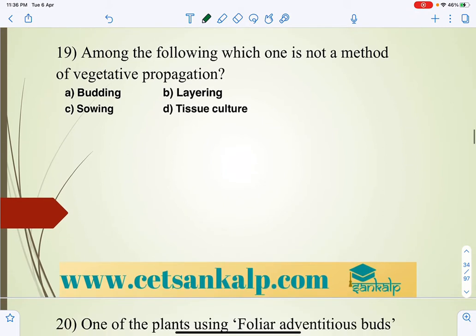Next question: among the following, which one is not a method of vegetative propagation?